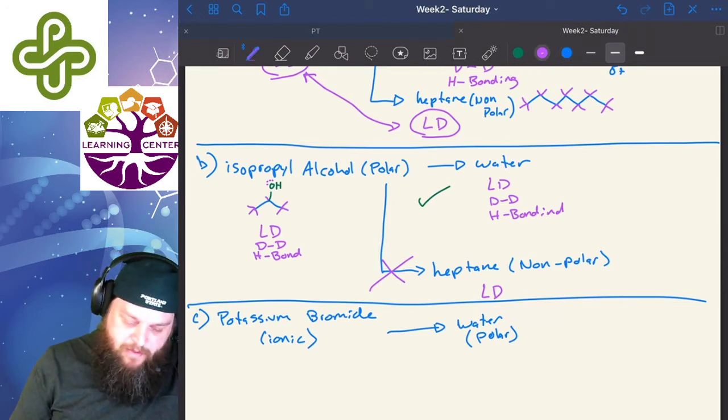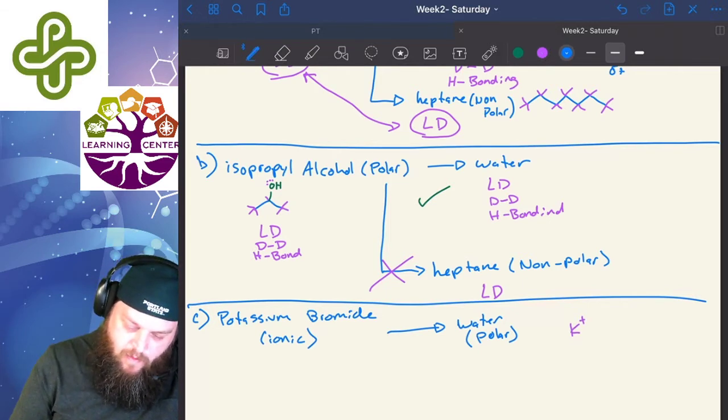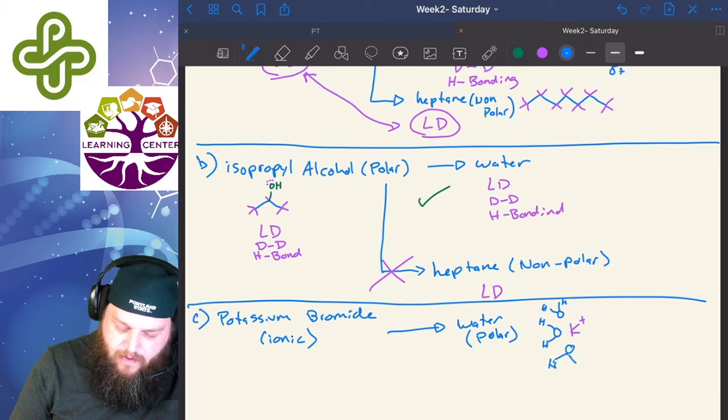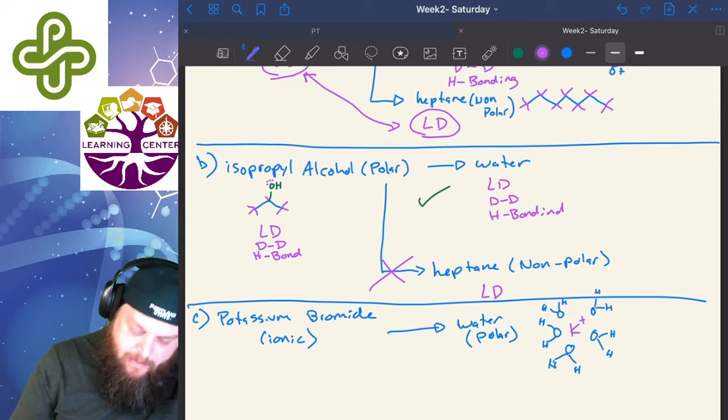So for example, if I had a potassium plus, we're going to get these water molecules floating around in here, and I should put my H's on. And notice I have the oxygen closest to the potassium. Potassium is positively charged. The oxygen has that partial negative, and it's not a full negative.